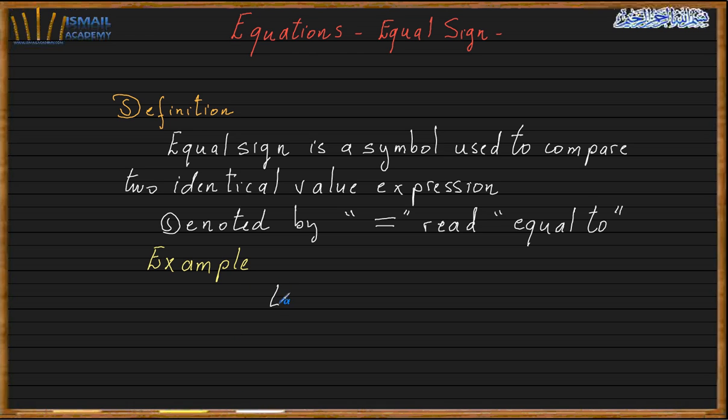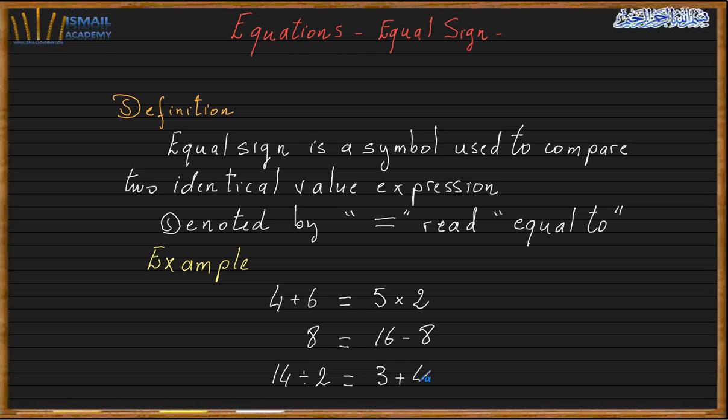For example, 4 plus x is equal to 5 times 2. As you see, they're not similar, but their values are the same. So again here, 16 minus 8, for example, 14 divided by 2 is equal to 3 plus 7, 3 plus 4, sorry.